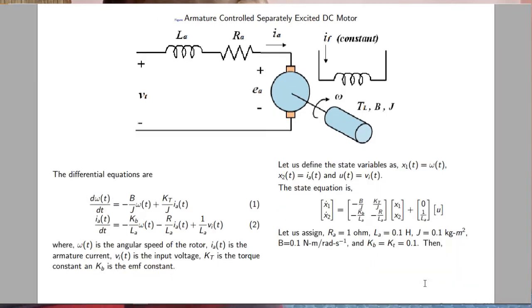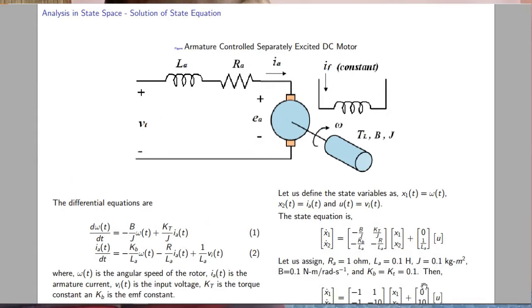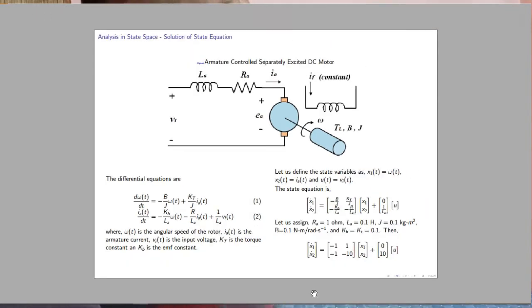So if I substitute these values, this is the state space model of the system with these numerical values. So now I have to solve this state equation to get the expressions for x1 of t and x2 of t. So that is my objective. Okay, so we will solve it.